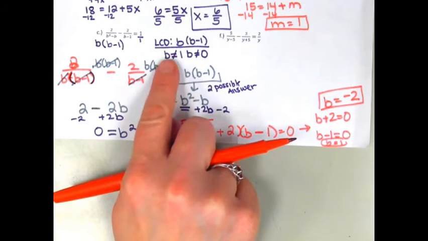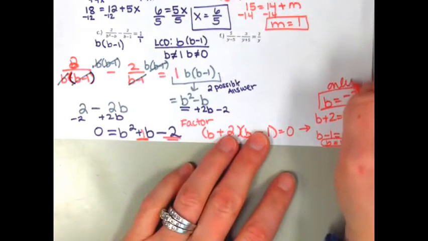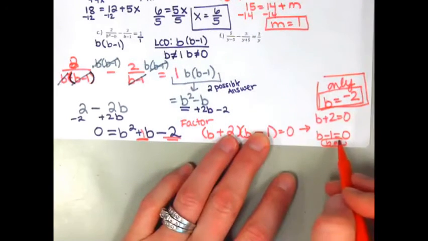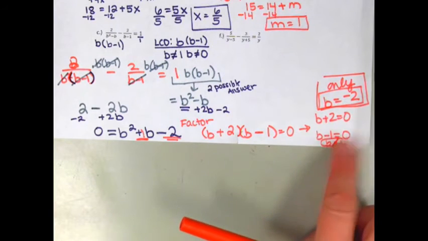No, so the only solution for this is what? -2. The only answer, because B cannot equal 1. So in this case, we really only have one answer, right? So our answer is -2, and we need to exclude that 1.